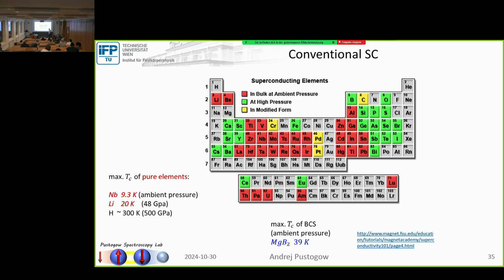If we go from heavy atoms to light atoms like boron or magnesium, then you can get a pretty high transition temperature. It was even predicted that hydrogen could go to room temperature, and in the last years there have been some suggestions that this can be true. But there have also been a lot of results which were afterwards withdrawn, or not confirmed.